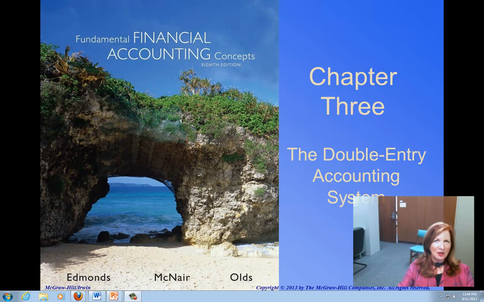Remember that we're talking about the entries being on one side or another, left or right. But what that left or right does to the accounting equation is driven by the theory of debits and credits. This presentation on page 140 is key for you to learn.